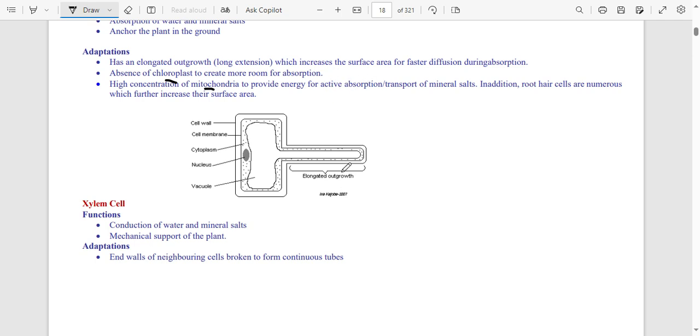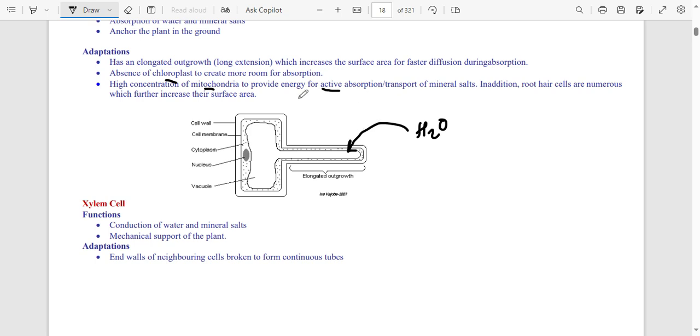Okay, because the absorption happening here, for you to absorb water and nutrients, that process is active. And the meaning of active is that it involves energy. So you need that mitochondria to provide energy for active absorption to happen.